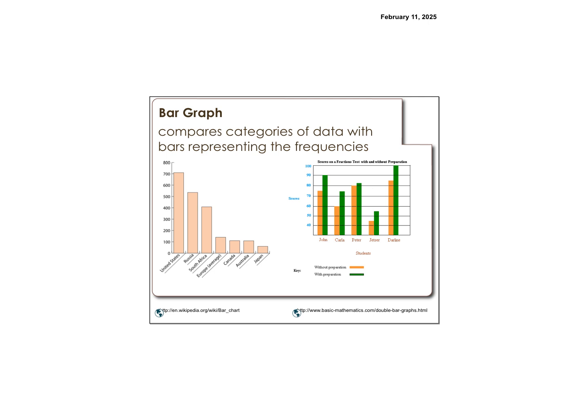So we look at these bar graphs, a couple examples. You can see that we have a single bar graph on this side here, and then we have a double bar graph here. Both are easy to compare. We know that the taller the bar, the greater the value, and the smaller the bar, the lower the value. And really interesting, if you look at the double bar graph, John, when he was without preparation, was scoring in the mid-70s.